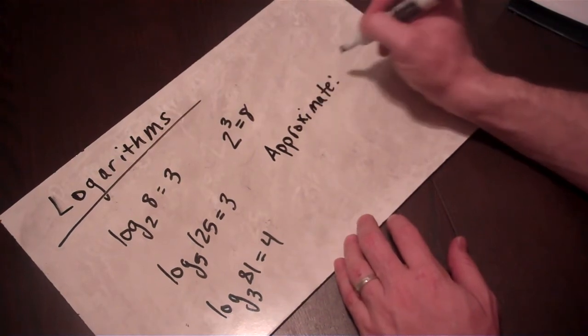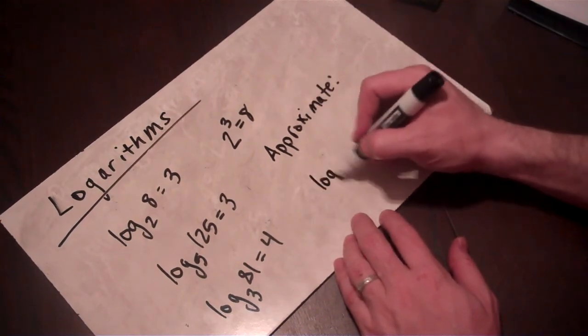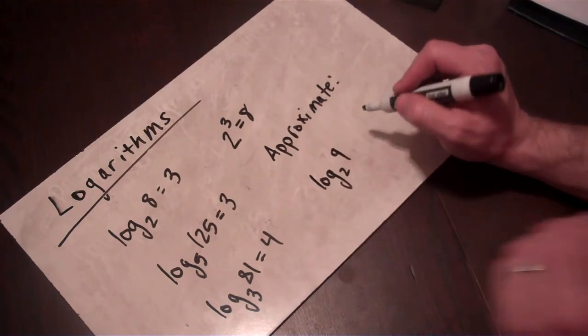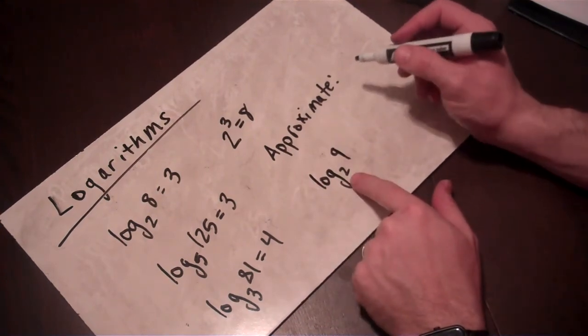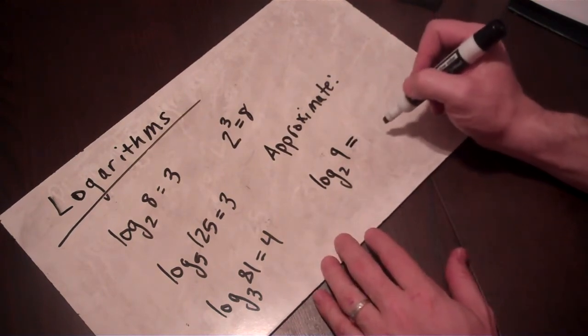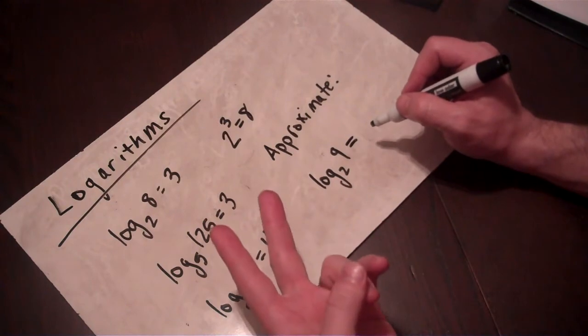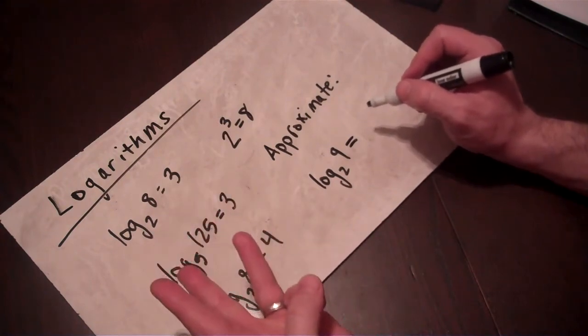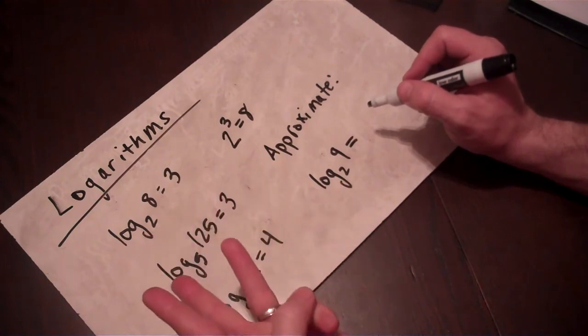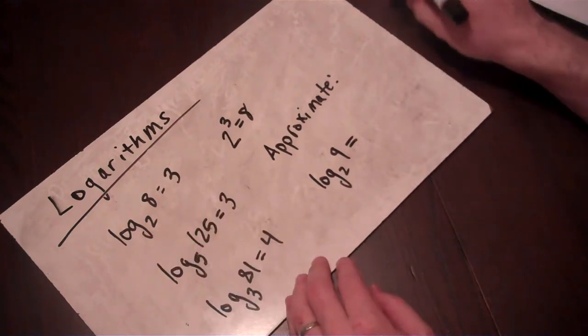Approximation is nice. Say you want to figure out what is the log base 2 of 9. So you want to figure out what power 2 goes to make 9. Well, 2 times 2 is 4, times 2 is 8, times 2 is 16. So it's not 3, and it's not 4.